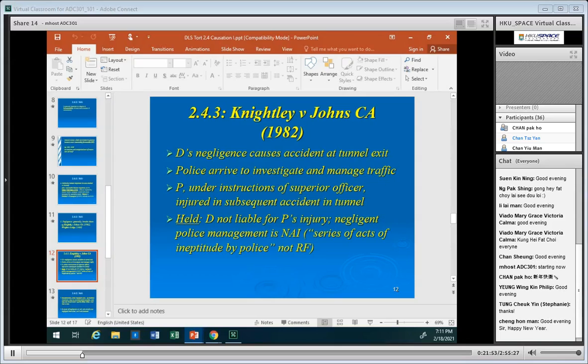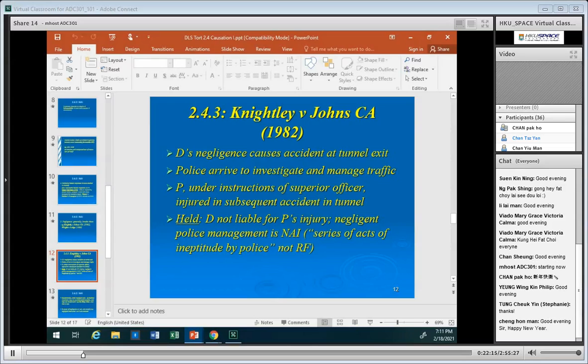He could have used a telephone or radio to stop the traffic anyway. That was Knightley and Johns. So the actions of the superior police officer were not reasonably foreseeable, the fact that he had made so many mistakes. So that's Knightley and Johns.